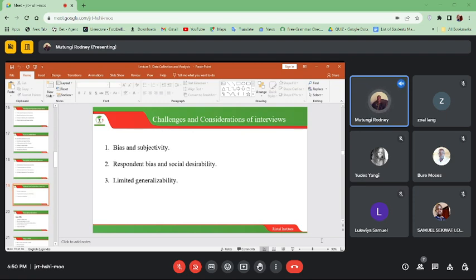So if you ask, are you able to obtain 3 meals in a day, they can answer yes, just because they want you to feel that they are doing well, or they do not want to seem poor in the general society. Okay, so that can be a challenge, and yet you need to collect that raw data in its rawness. If they are not doing well, you would want them to say, no, I do not take those 3 meals in a day.